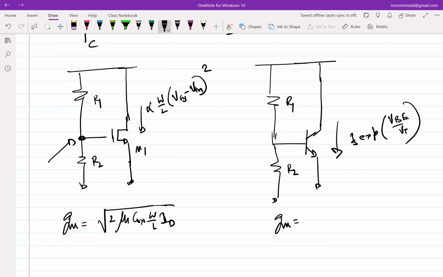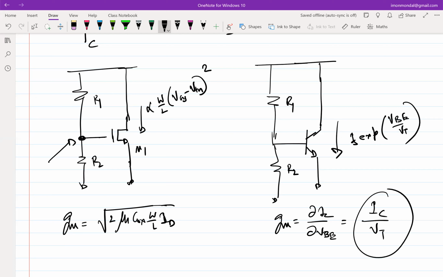You know the current, you know the input variable. So del I over del VBE, which is basically its exponential. So del IC over del VBE, this becomes IC over VT. So the critical difference is that the GM of a BJT is independent of its size.